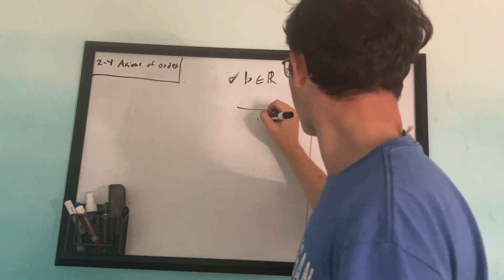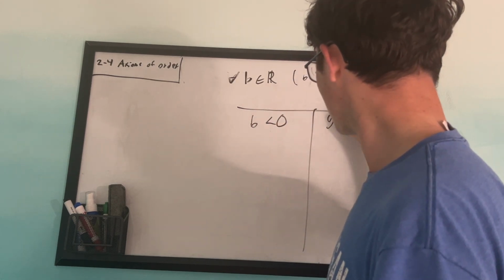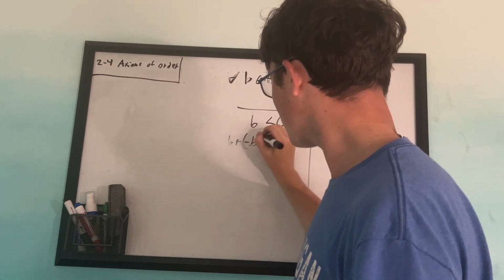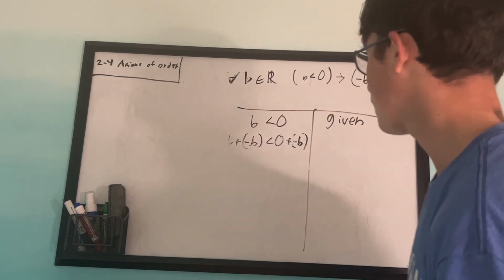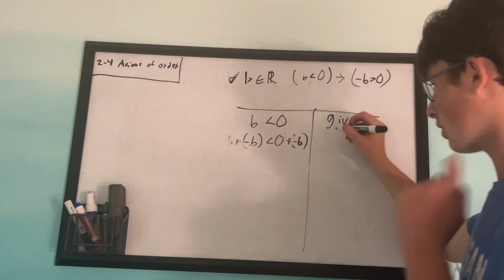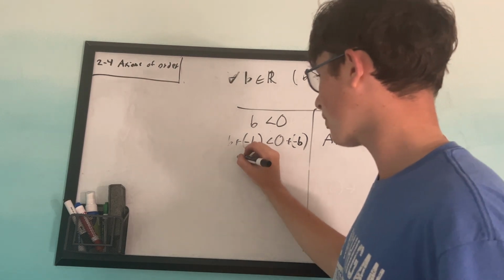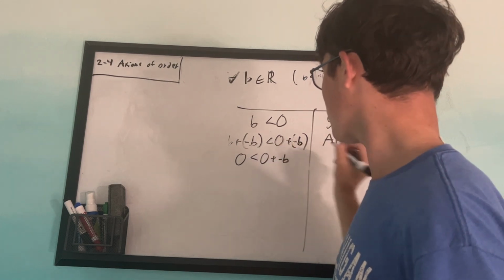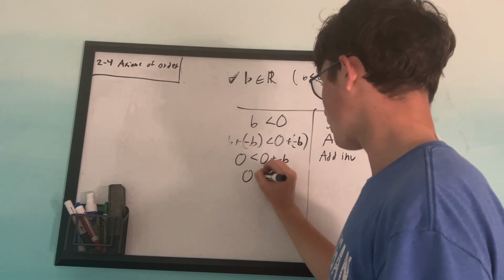We have b is less than 0, given. b plus negative b is less than 0 plus negative b. Remember, this is our addition property of order. And so then we have 0 is less than 0 plus negative b. That's just the additive inverse. And then 0 is less than negative b.